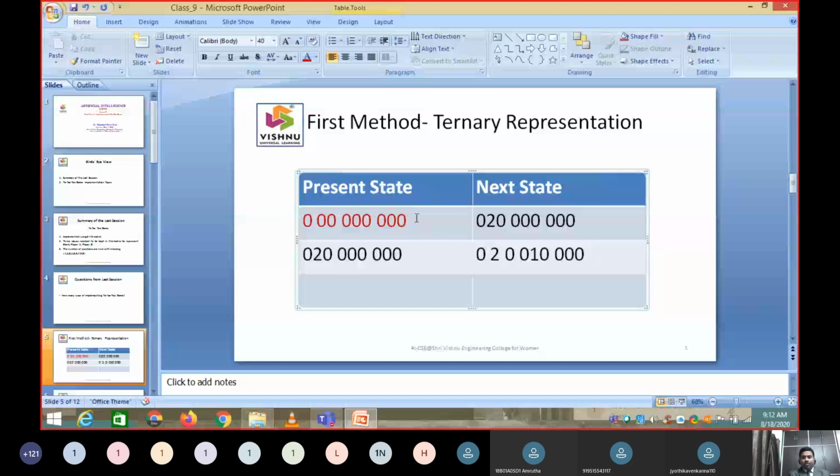Your system is trying to implement a tic-tac-toe game using a ternary representation. You are using 0, 1, 2: 0 for blank, 1 for A, and 2 for B. So how many different states can you get? Because the number of cells is 9, the number of values is 3.